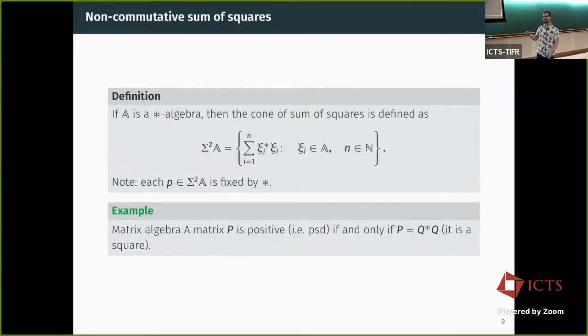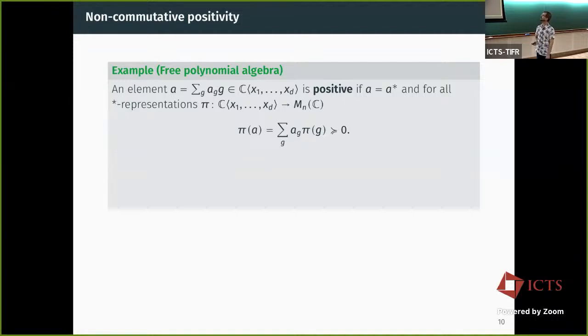And if you see this definition for the first time, maybe you should think that if I have this positive semi-definite matrix P, it's not that P can be written as Q times Q. No, it's going to be written as Q star Q. So this is maybe some motivation why this is the proper definition. And now the question is, what is the proper notion of positivity when we look at non-commutative things, right?